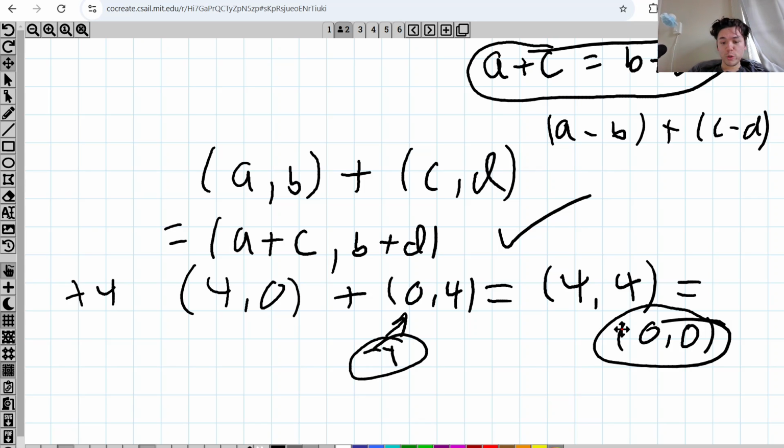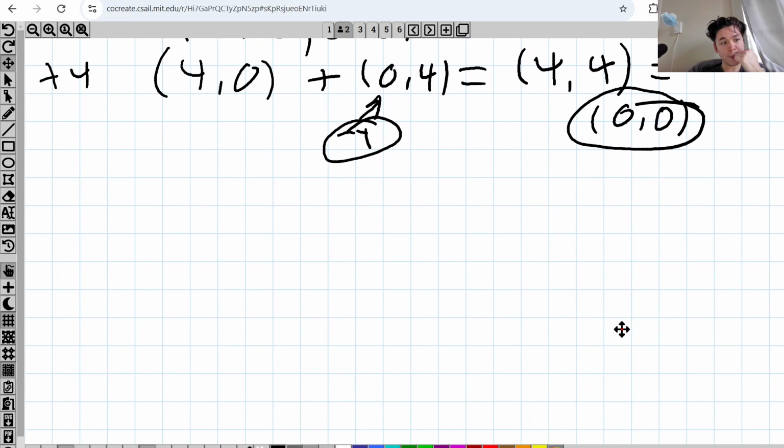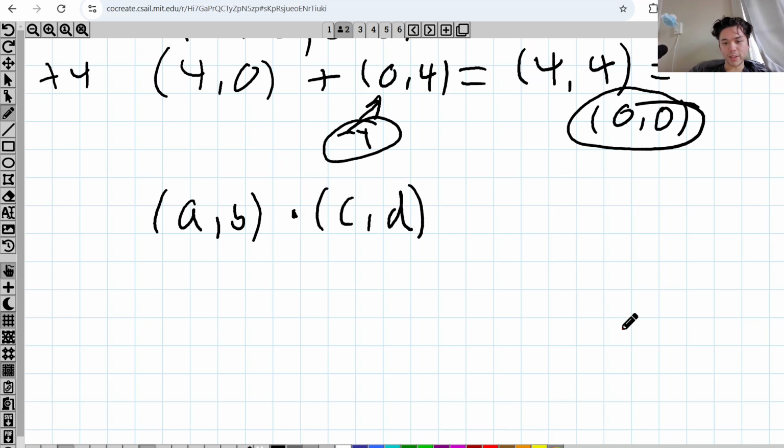Now, how do we do multiplication? Multiplication should be the most complicated one, but again, it's still doable. You can pause again if you want to work this out for yourself. But I'm literally just going to write this and collect the terms.